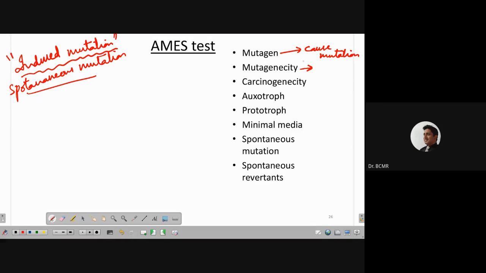The degree of mutagenicity would mean the number of mutations it could cause per amount of matter. What is carcinogenicity? Carcinogenicity is the ability to cause cancer. Mutagenicity is the ability to cause mutation.